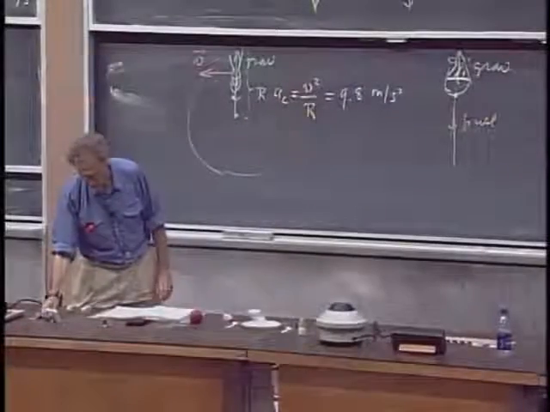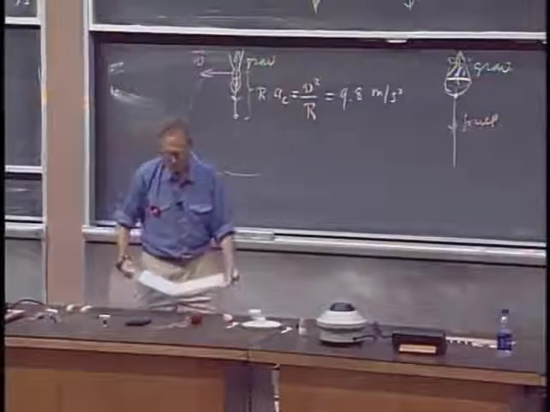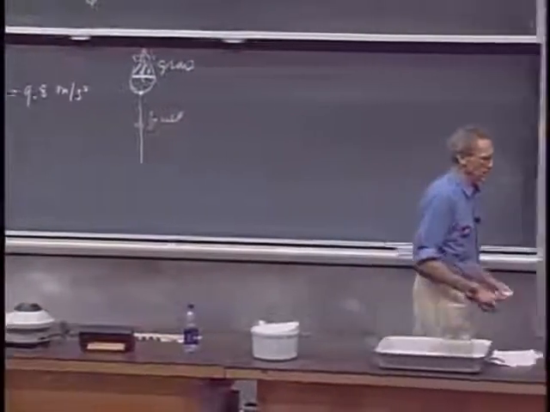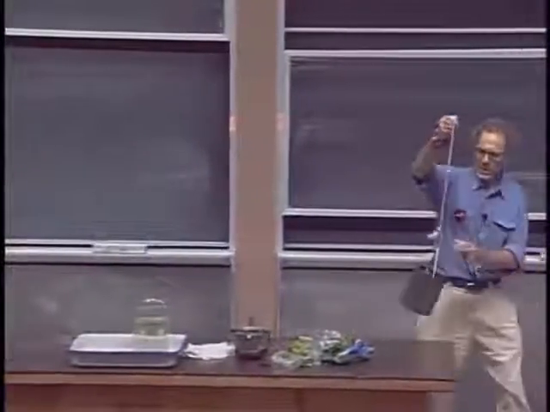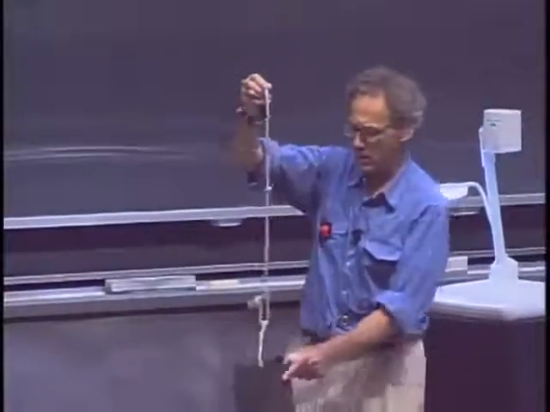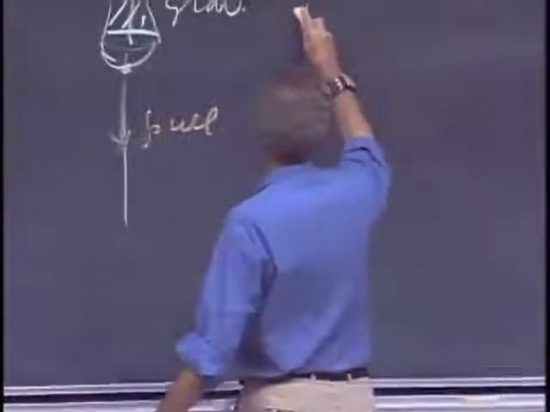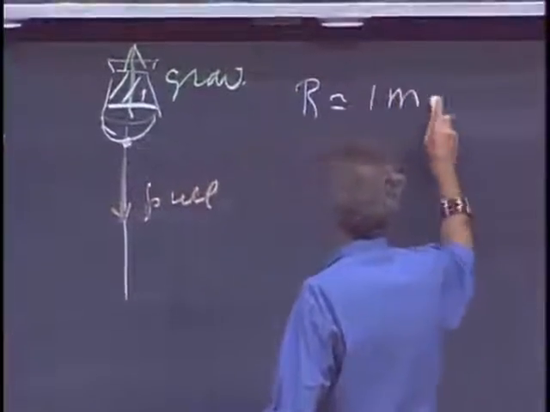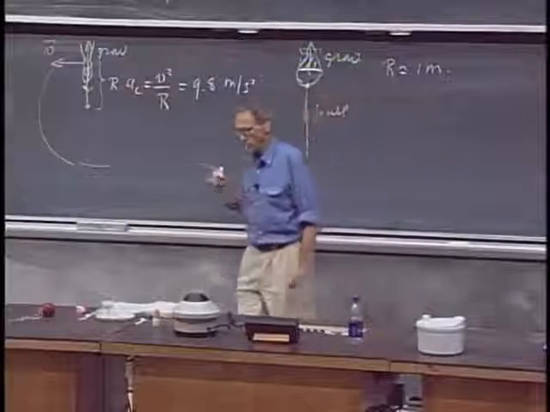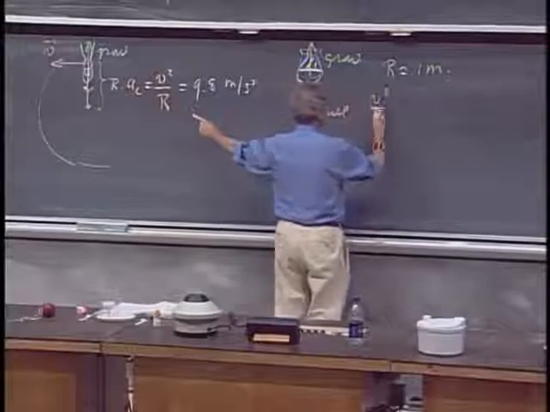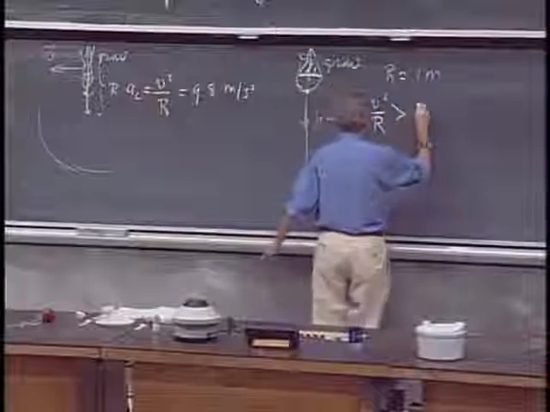How fast should I rotate it? Well, let's put in some simple numbers. I have here this bucket, and let's say that this is about 1 meter. Just round some numbers off. So r is about 1 meter. And I want v squared over r to be larger than 9.8.